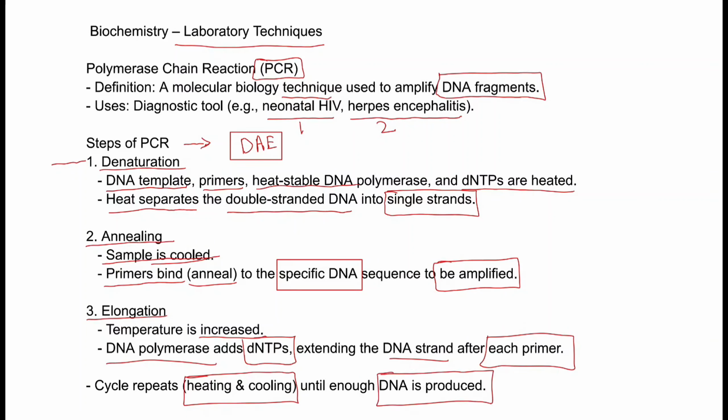So this was PCR, used for detecting viral DNA and RNA in clinical samples. It is a very main lab technique and a diagnostic tool for neonatal HIV and herpes encephalitis.